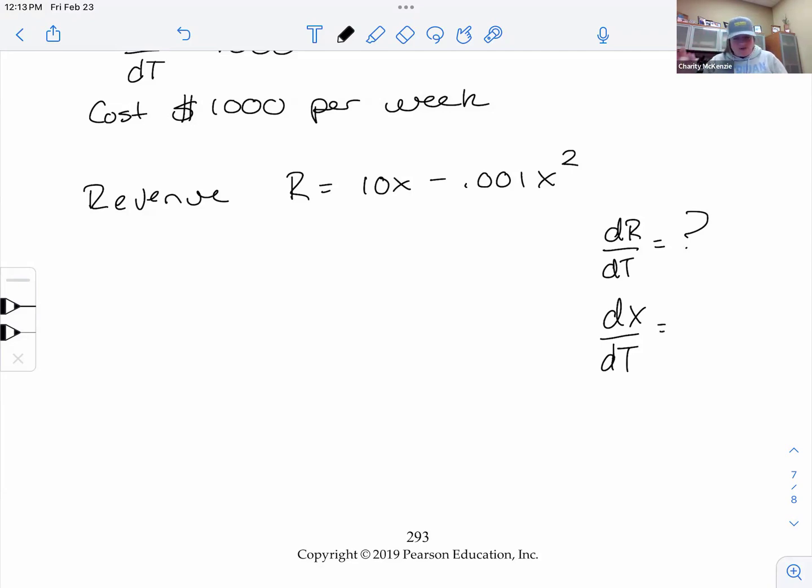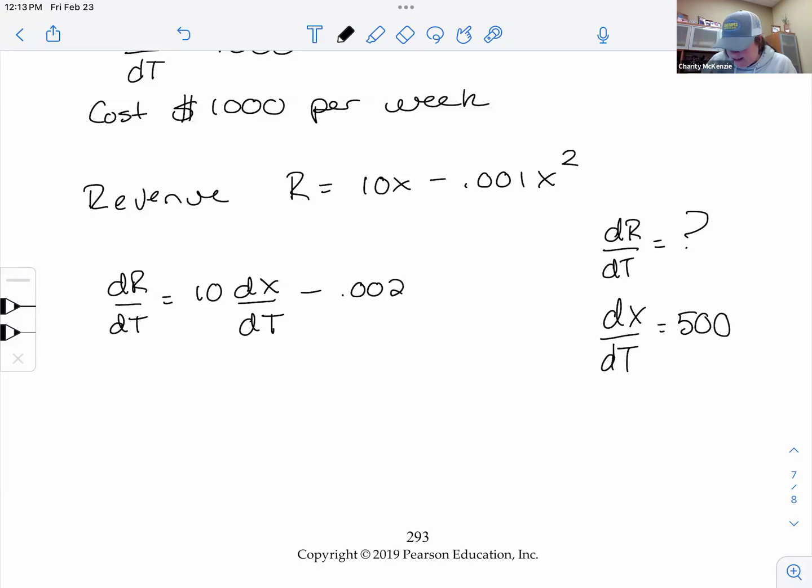It's the 500 again, so it's the same number there. So we're going to do the derivative. It's going to be dr dt is equal to 10 times dx dt minus 2 times 0.001, which is 0.002, x dx dt. And then we have two dx dt's in here.